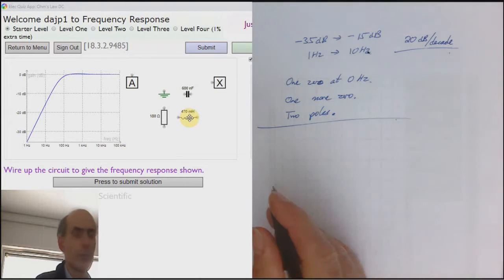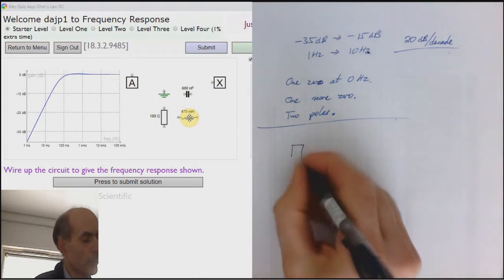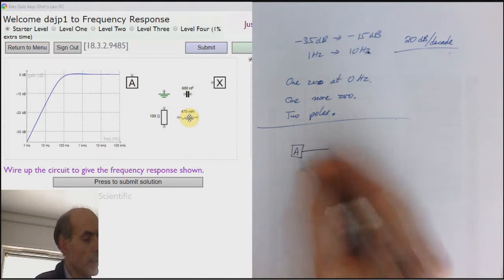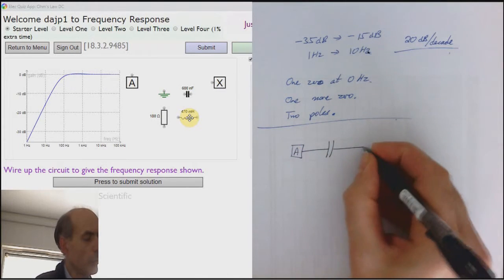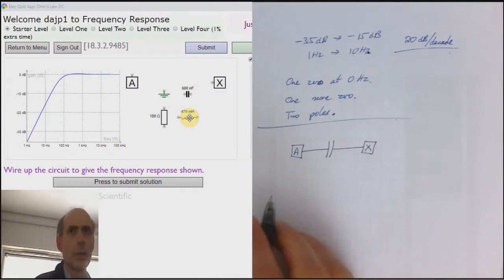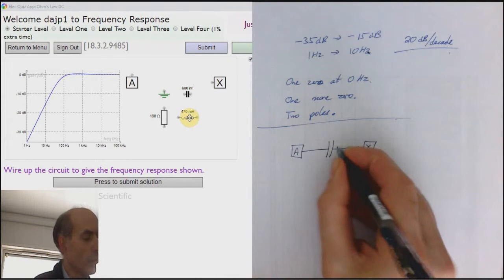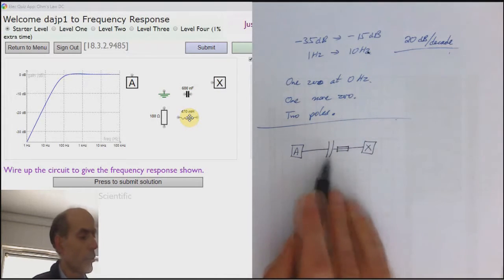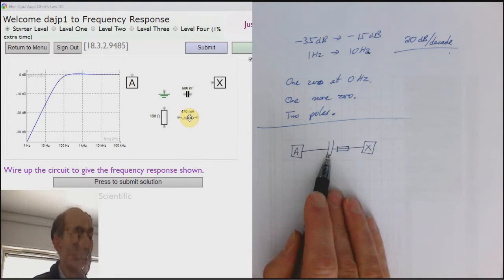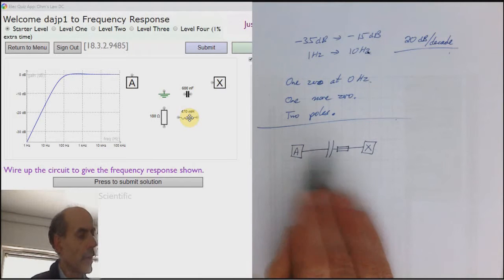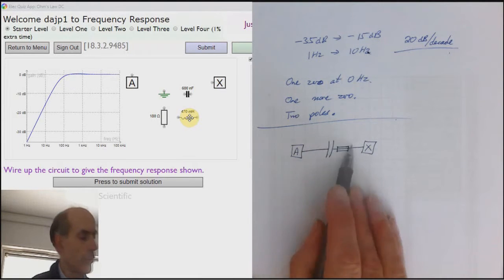The first one is to put a capacitor in between the input and the output. Something like that. There might be a resistor in the way as well, doesn't really matter. The point is that at very low frequencies, the impedance of the capacitor is enormous, and at 0 Hertz, the impedance of the capacitor is infinite, so you would get nothing at 0 frequencies.